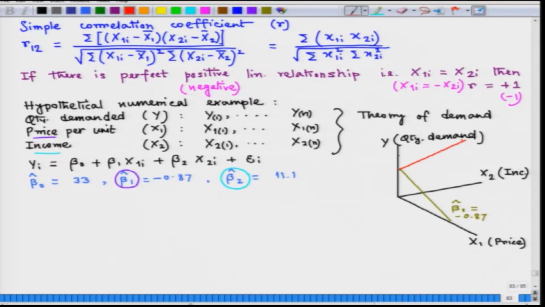So, we expect something like this, and here the slope of this red colored straight line is actually this estimated value of beta 2 parameter, beta 2 hat equals 11.1. Okay. So, basically we are talking about a regression plane shaded by this area.